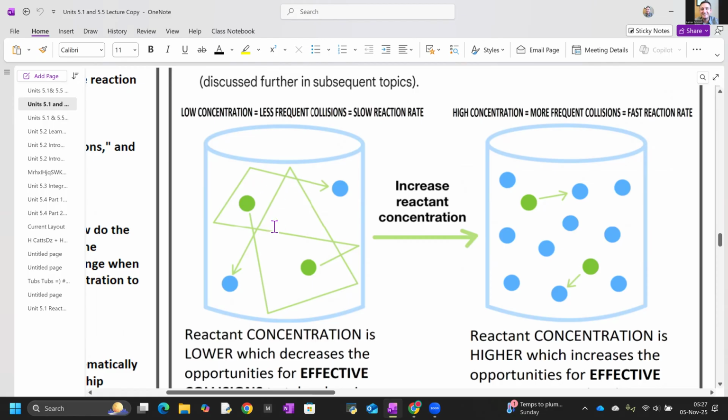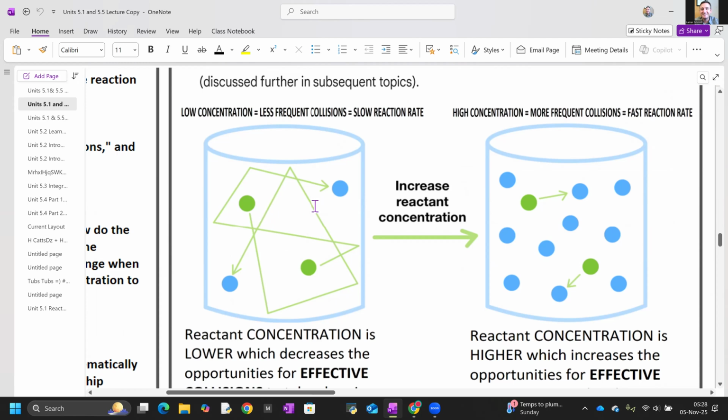So in the lower concentration vessel, because there's so few particles in there, the frequency at which the particles are going to collide with one another is going to be very, very low. And if the frequency at which they collide is very low, then the chances of having an effective collision, meaning a collision that has sufficient energy and the correct orientation, is going to be even lower.